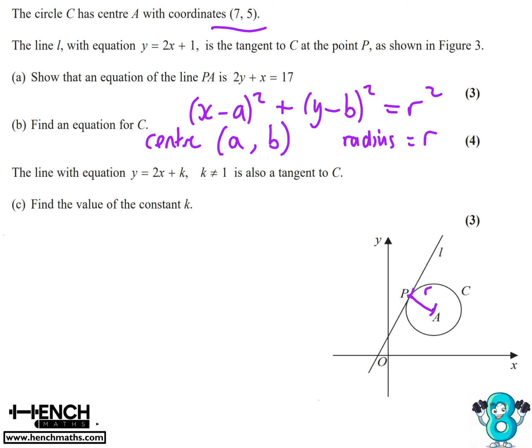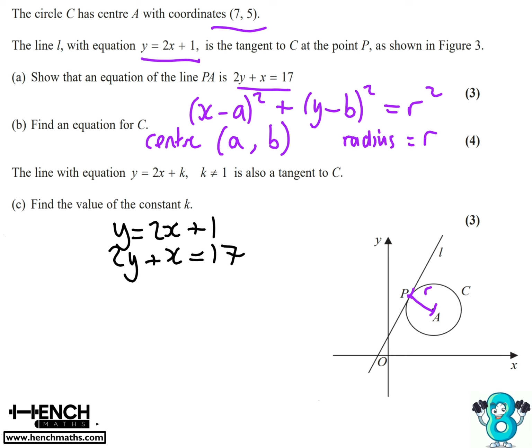How could we potentially find P? So we know a line that goes through P here, and we also know that PA also runs through that. So we could do simultaneous equations and we can find out what P is. So doing simultaneous equations with y equals 2x plus 1 and 2y plus x equals 17.